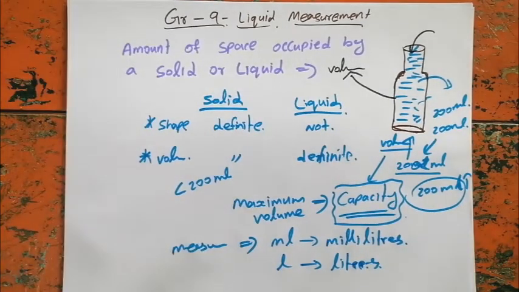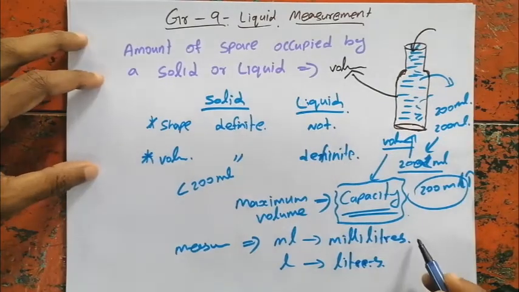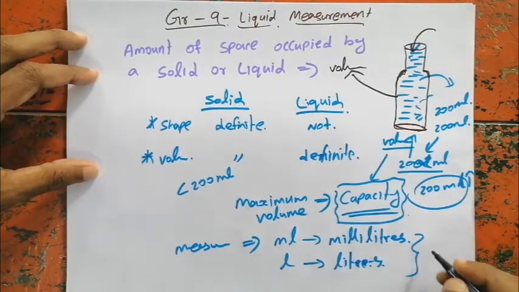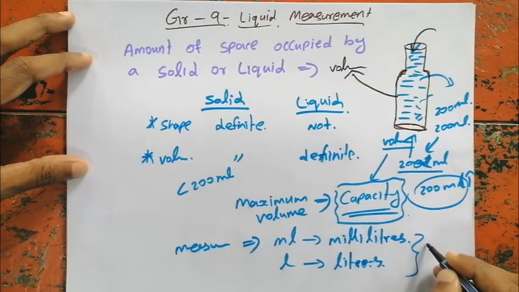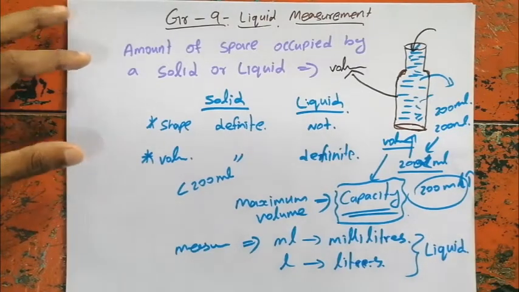So milliliters and liters are the main measuring units we are going to use to measure the volume or capacity of a liquid.